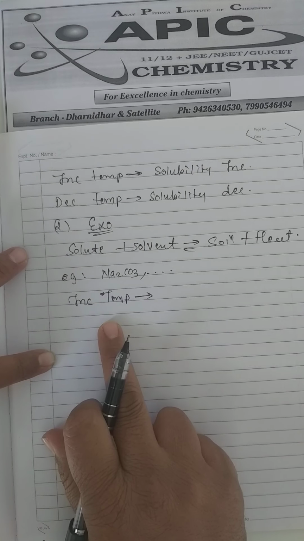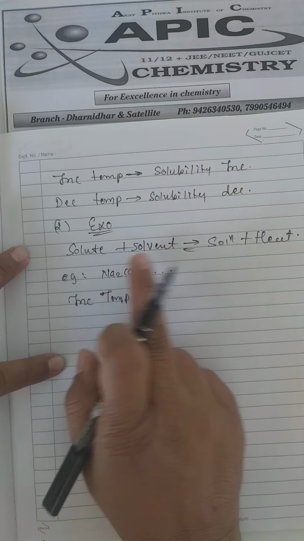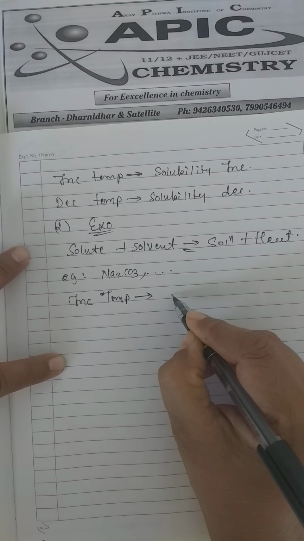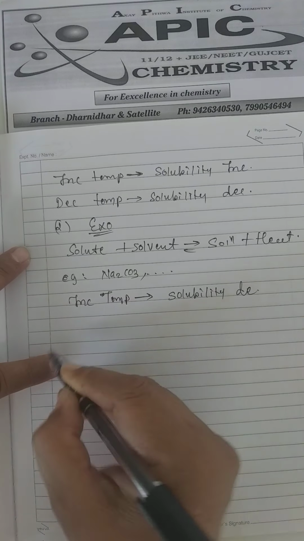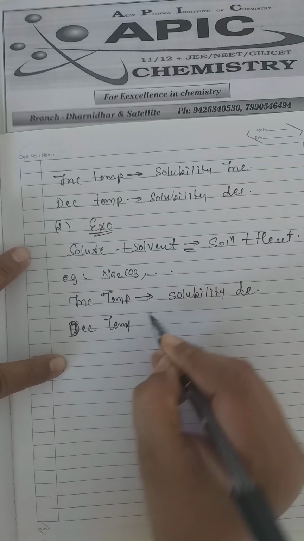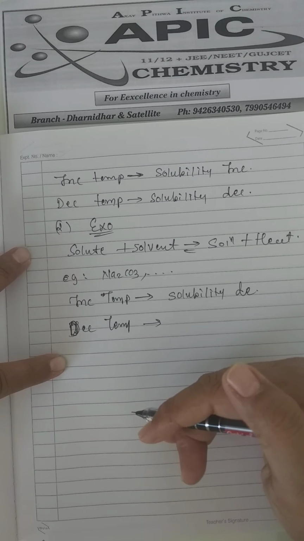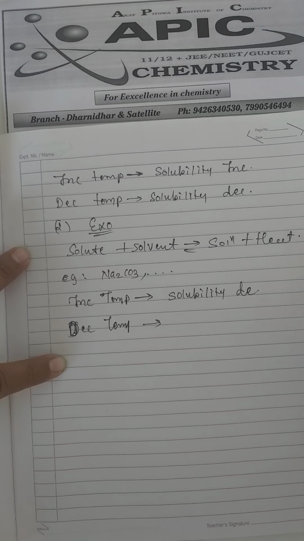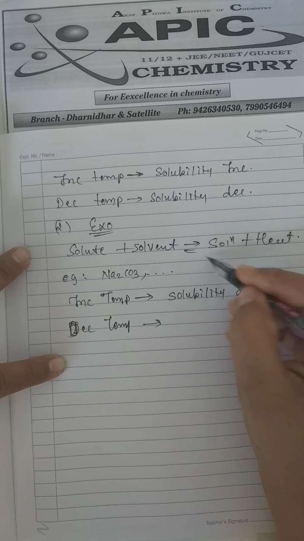It will go in the backward direction. That means we get the solute and solvent separated. So we can say solubility decreases. Now if we decrease the temperature, the reaction will try to increase the temperature, so the reaction will go in the forward direction, and we get solution.